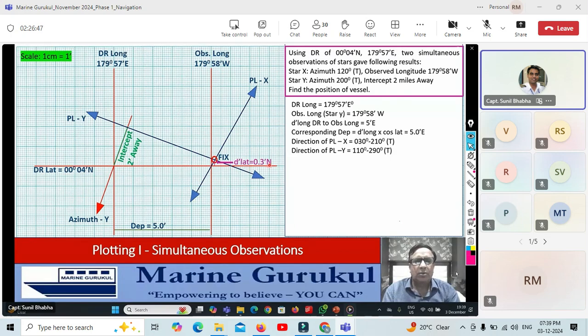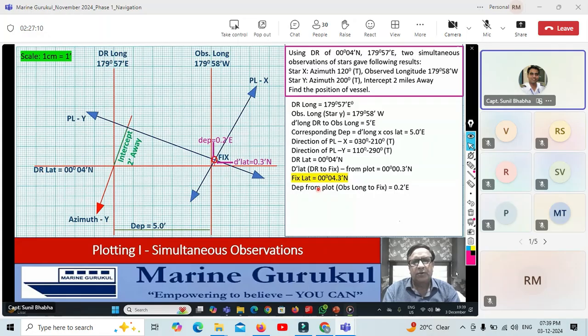0.3 minutes north of DR lat, and its departure we read off here. This departure is 0.2 minutes east of the observed long. We apply this D lat to the DR lat, and we get the latitude of the fix as 00 degrees 04.3 minutes north.